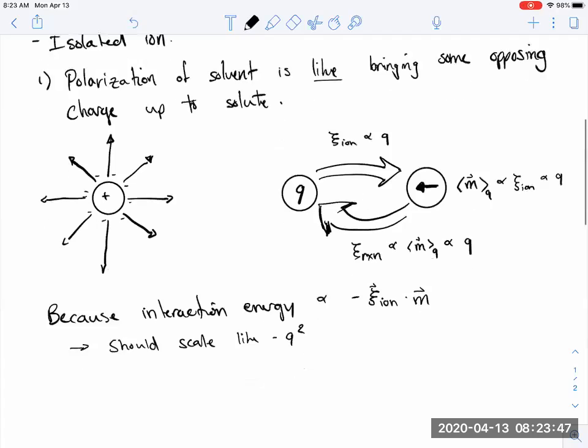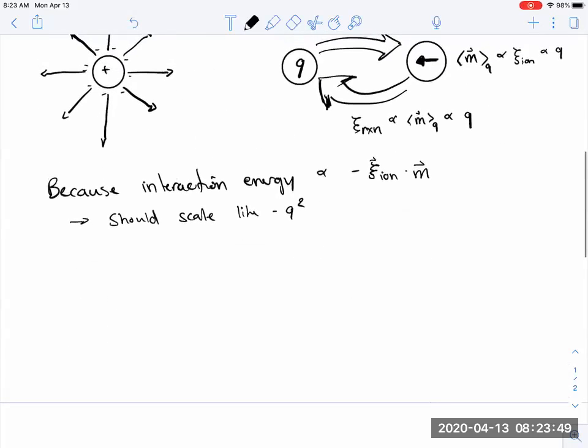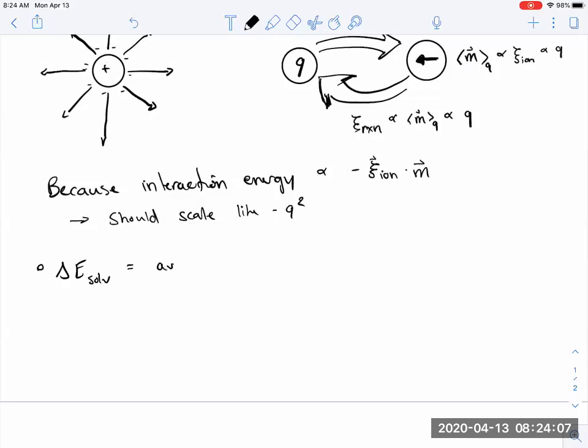Okay, so from this intuition that the interactions should scale like q squared, we can actually calculate explicitly the interaction energy between the ion and the induced polarization of the solvent. We'll call that subscript sol. This is the average interaction of the ion with the induced polarization.